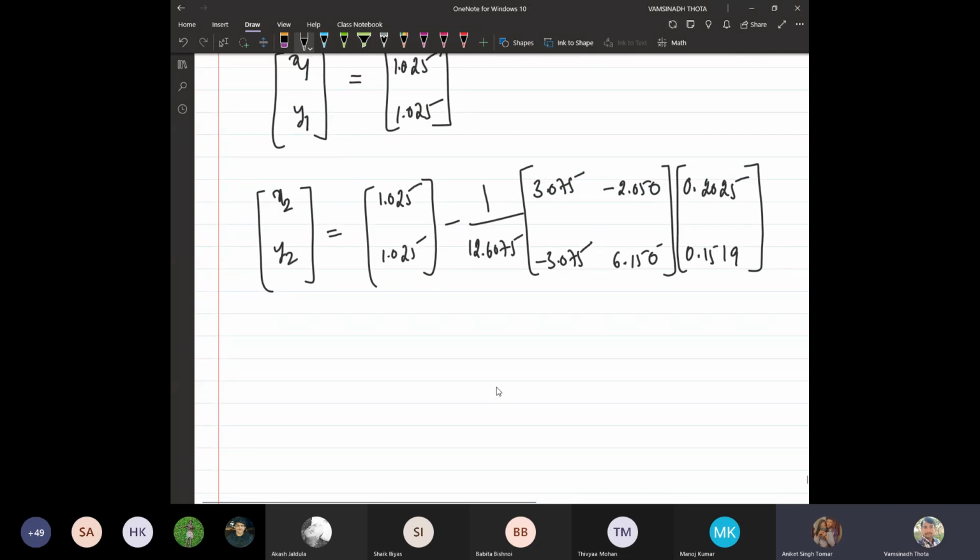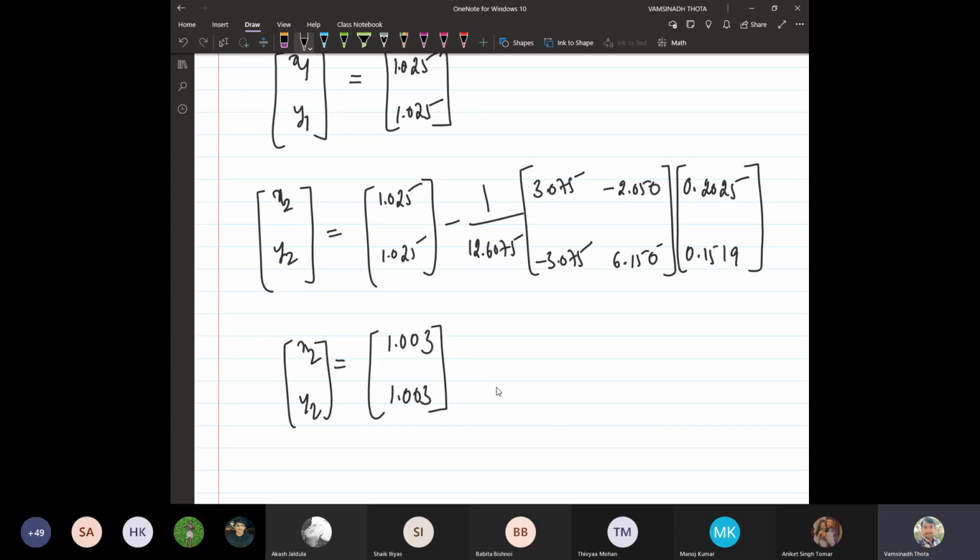Now do the matrix multiplication, and if you do the matrix multiplication and then simplification, then finally what you will get? 1.003 and 1.003. So this is x2 and y2.